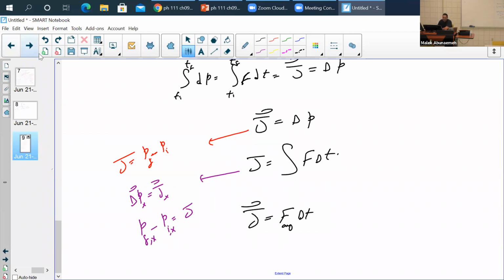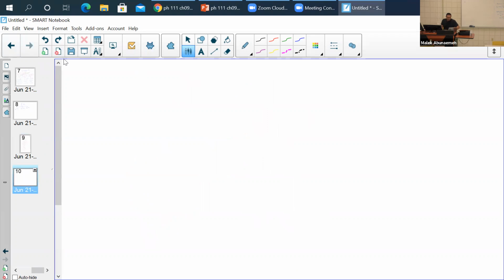So basically, let's say you've got a projectile and it's hitting a target. Kind of like billiards, for instance, right?